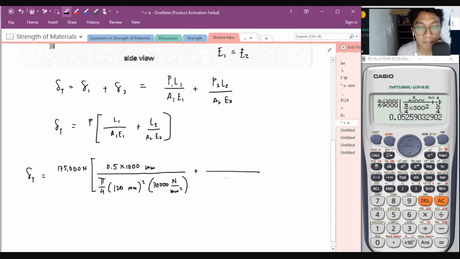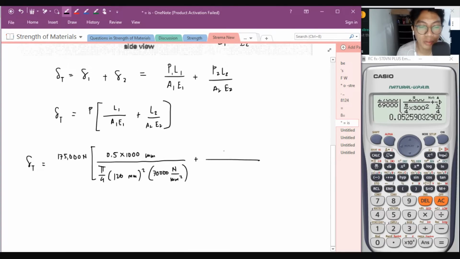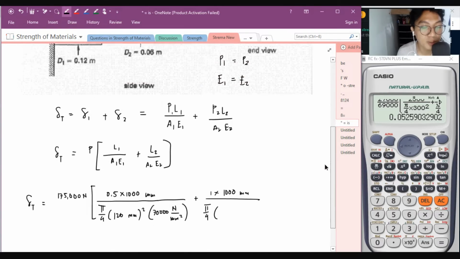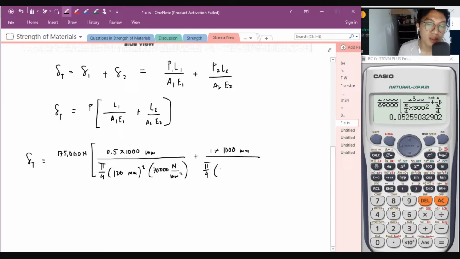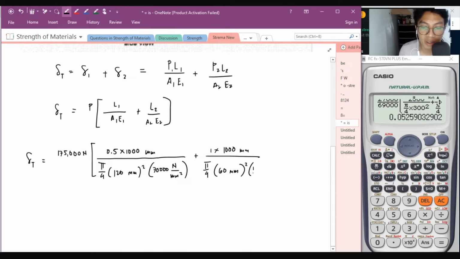Plus, okay? Yung binigay na pangalawa, 1 meter, di 1,000 millimeter. 1 times 1,000 yan eh. Tapos pi over 4, 0.06. Bali, 60 millimeter squared times E. That is 100 GPa, 100,000 Newton per millimeter squared.